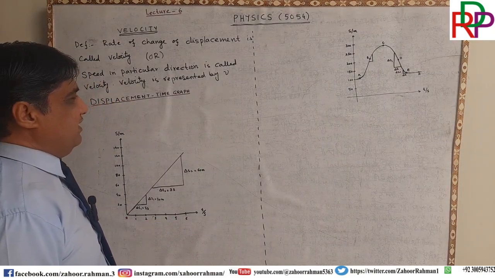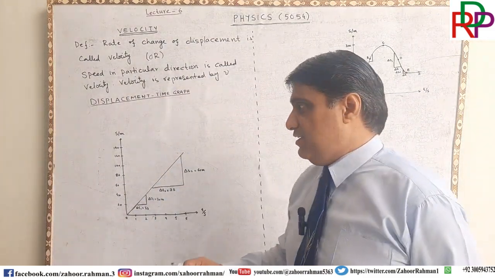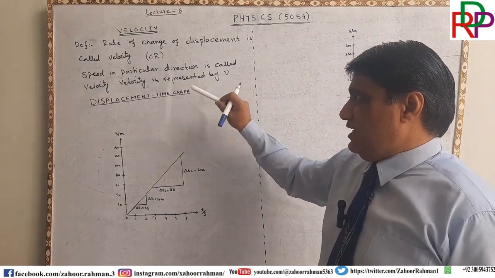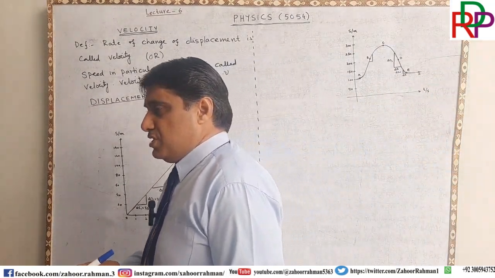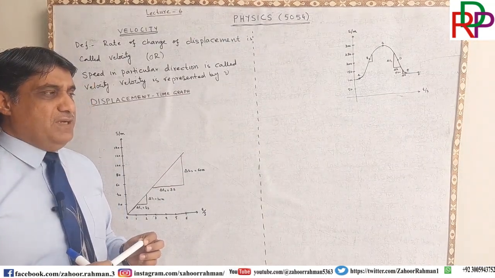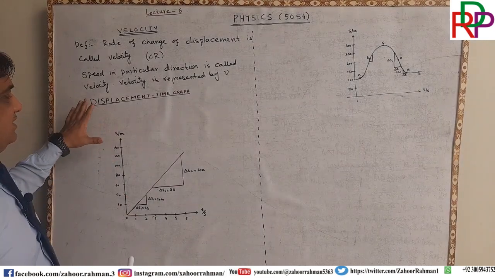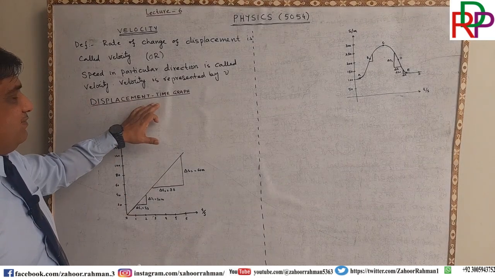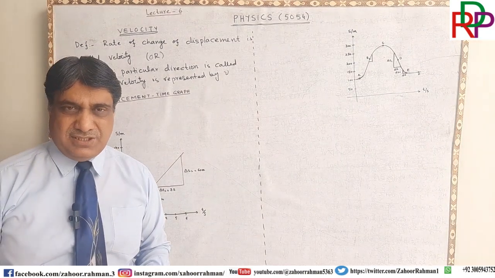There are different types of velocity. We will discuss that after the displacement time graph. Most important information about the motion of an object can be obtained from the displacement time graph.